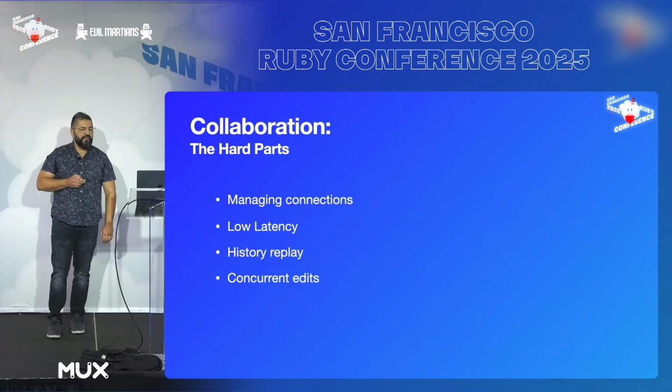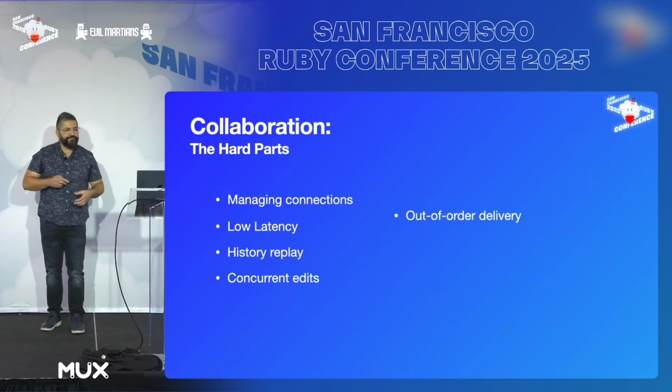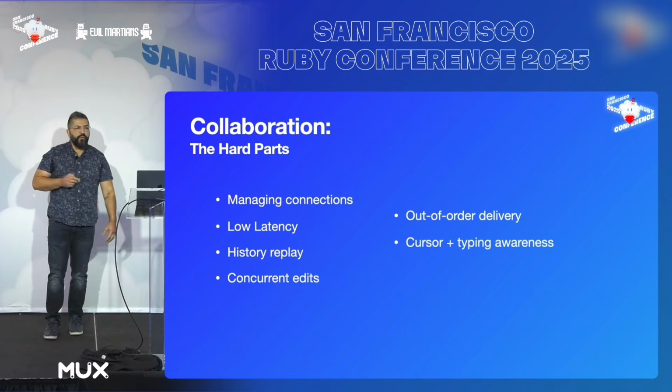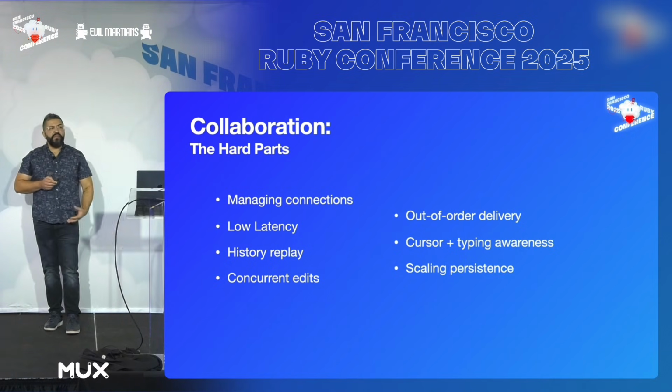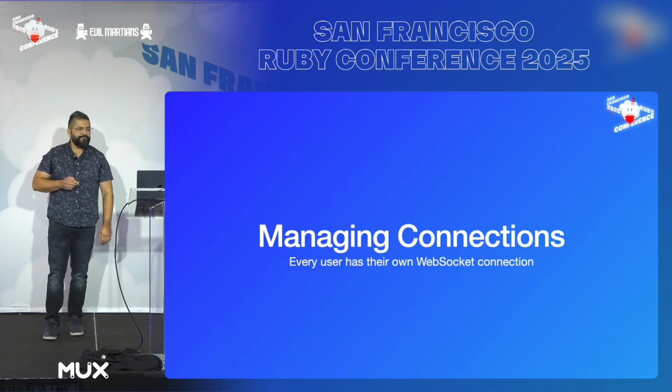Concurrent edits and out-of-order delivery, and making sure those converge into a consistent state. Cursor and typing awareness, so you feel like you're in a document together and you see what other people are doing. And then scaling persistence, being able to store the information about those operations you're performing and not have a million things in the database that you need to send people all the time.